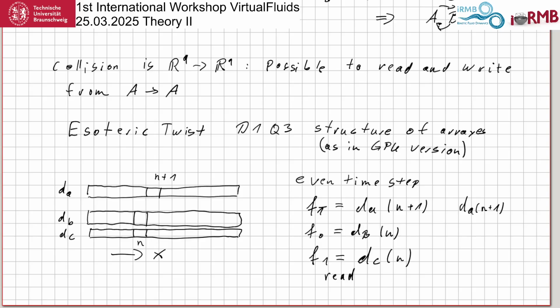Now, what we write into this is not f minus 1, but we write f1 after the collision, the one that previously moved in the other direction. In dB, at position n, we write f0, so this is just the same as before. And in dC, at position n, we write f minus 1 after the collision. And this is what we do in write.